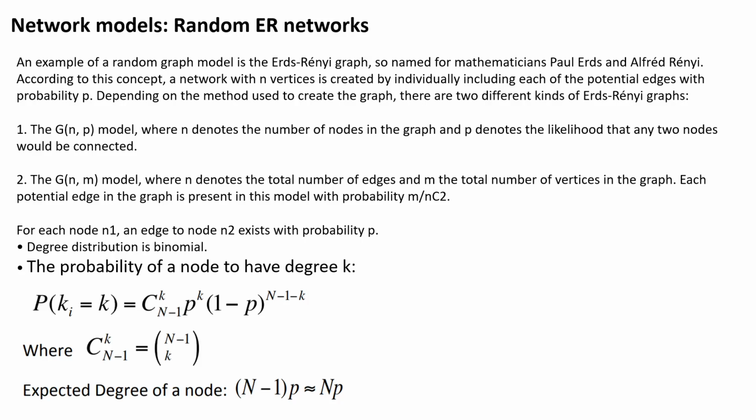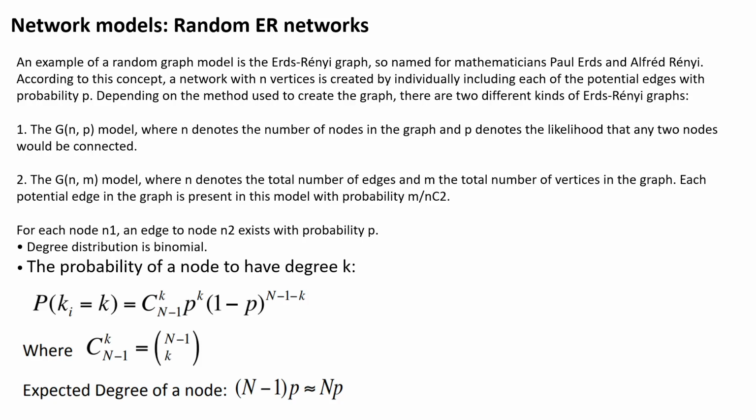It can be in the form G(n,p), where n is the number of nodes and p denotes the likelihood that any two nodes would be connected, or in the form G(n,m), where m is the total number of edges, n is the total number of vertices, and each potential edge is present with a probability of m divided by n choose 2. Both are random ER networks and mean the same thing; only the notations are different.